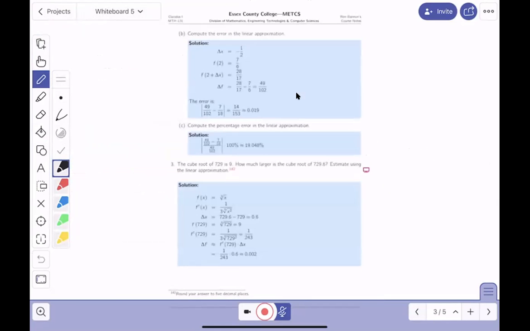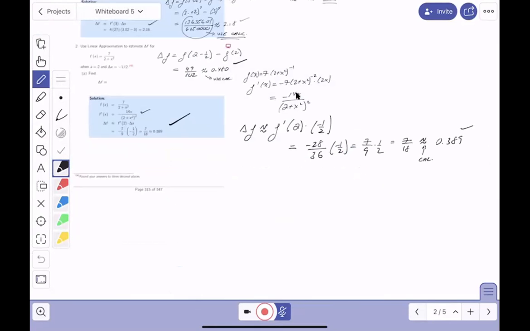All right, I'm going to the next page. And next page is compute the error. And what's the error going to be? Let me write this down for you. The error, this is part B, is going to be the absolute difference between those two numbers. And I'm going to write them down for you. The exact number is 49/102.